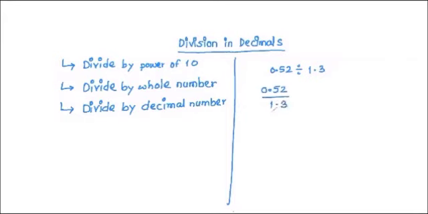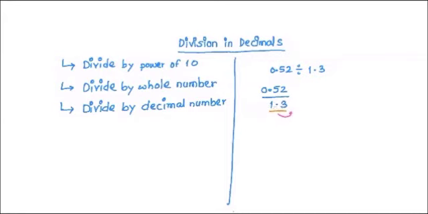So now in this case, step 1 is to make the denominator a whole number. To convert 1.3 into a whole number, I need to move the decimal point one place to the right. And if I do that, my 1.3 becomes 13, which is a whole number.